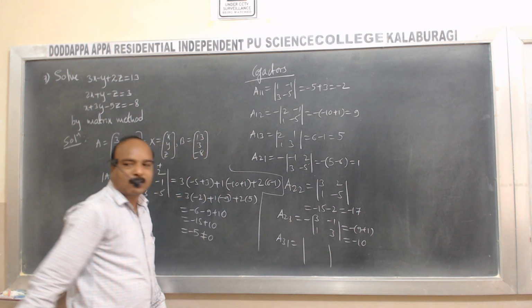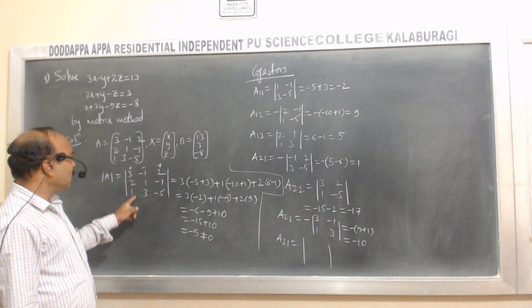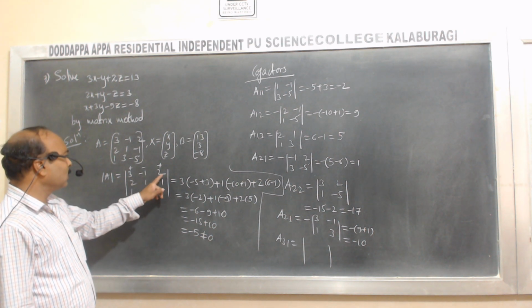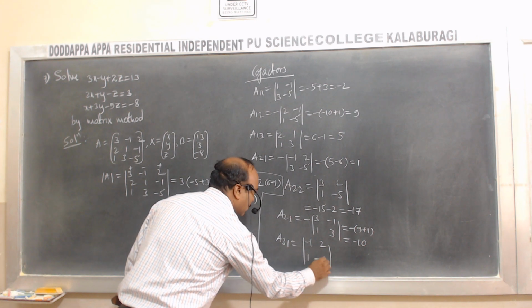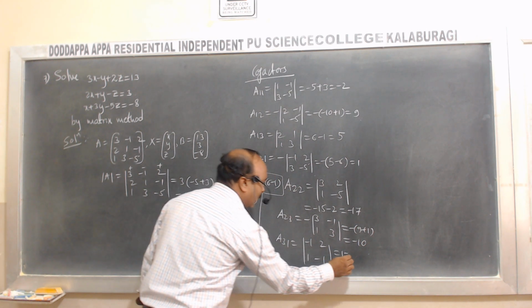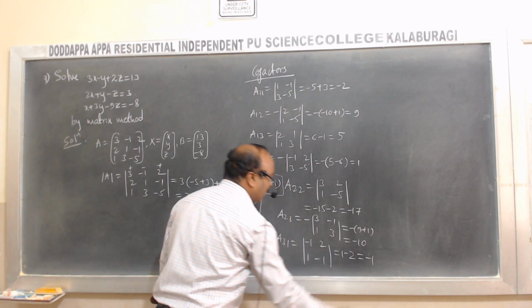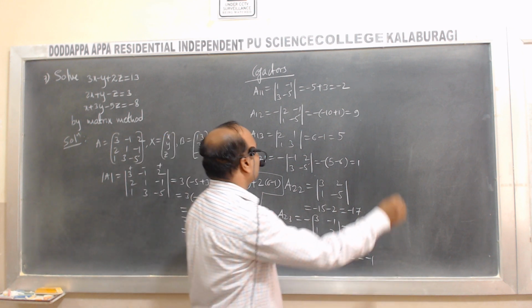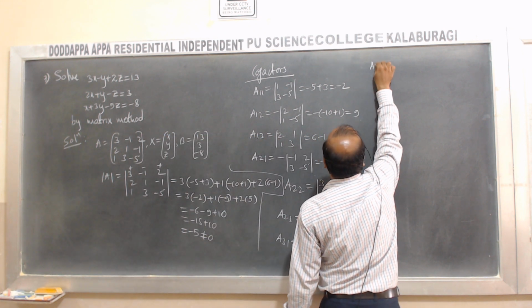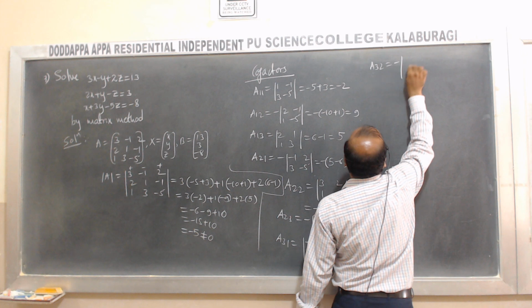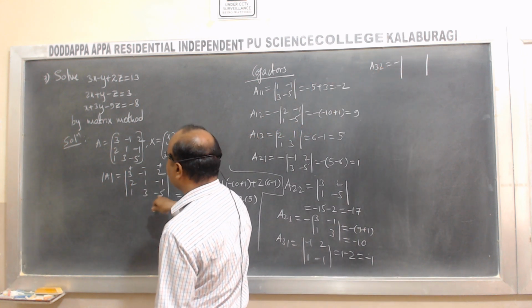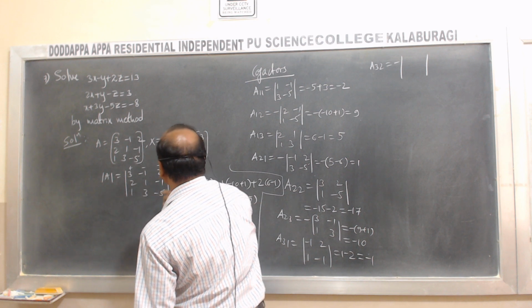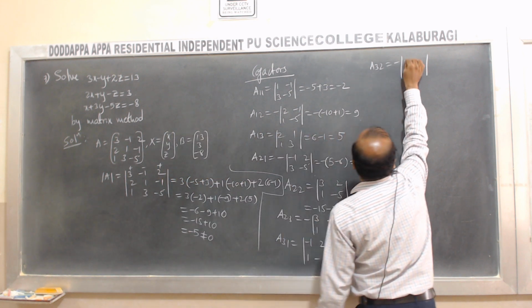Next A31, the determinant of: deleting this column and this row we get minus 1 2, 1 minus 1. So it is 1 minus 2, it is minus 1. Next A32, it is minus of the determinant, again it is an odd number. Deleting this column and this row we get 3 2, 2 minus 1.